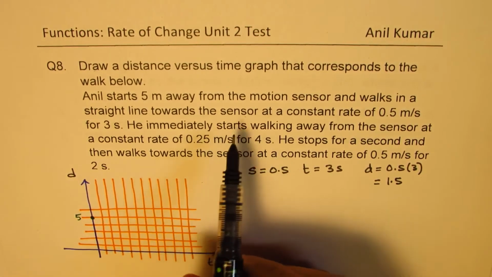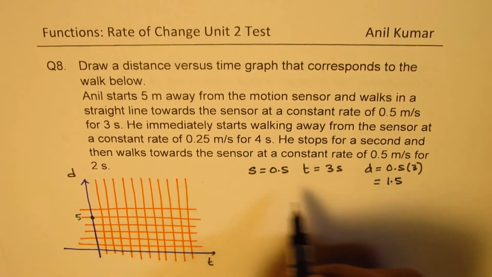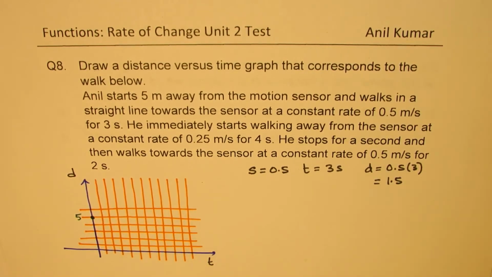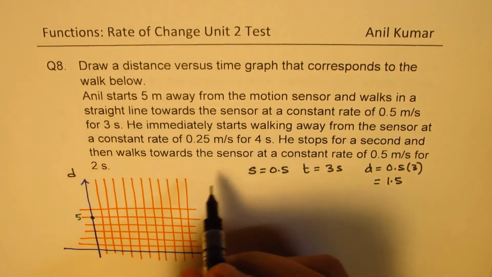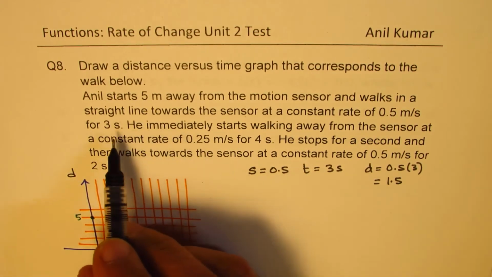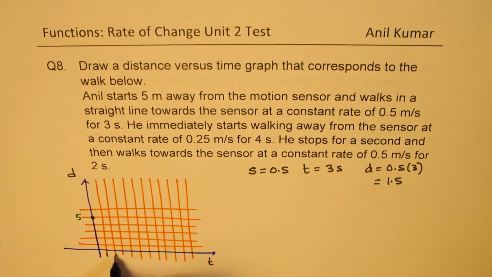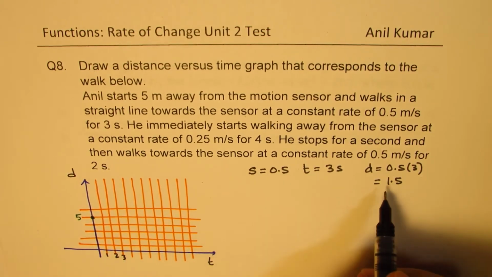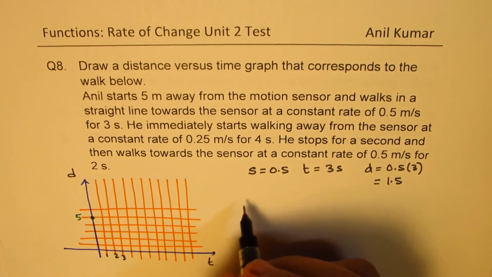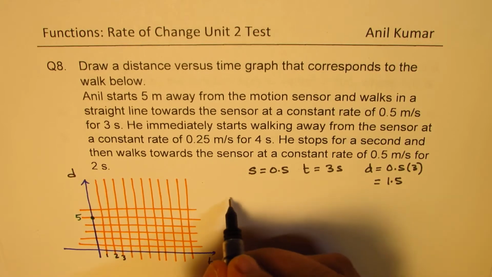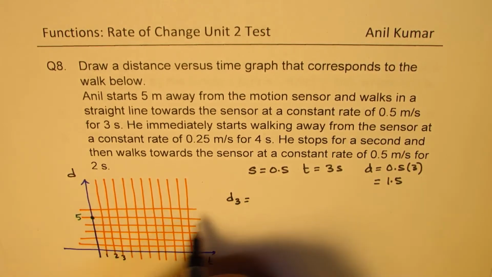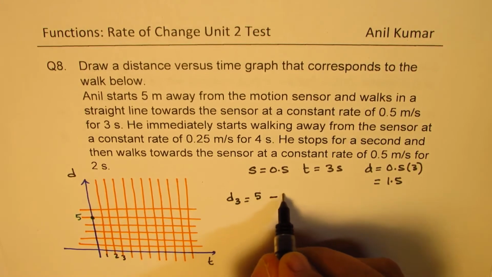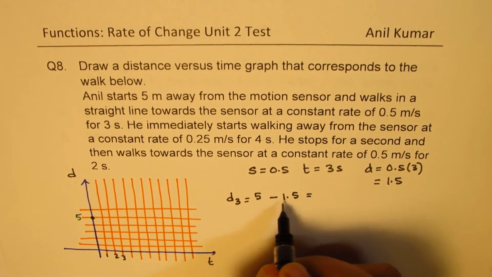Now, since he is walking towards the sensor, it is decreasing, right? So as far as distance is concerned, he starts from 5 meters and walks 1.5 meters within 3 seconds. So the position after 3 seconds will be starting point 5 minus 1.5, correct?